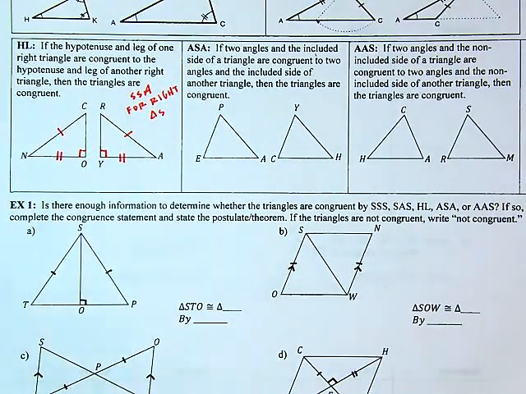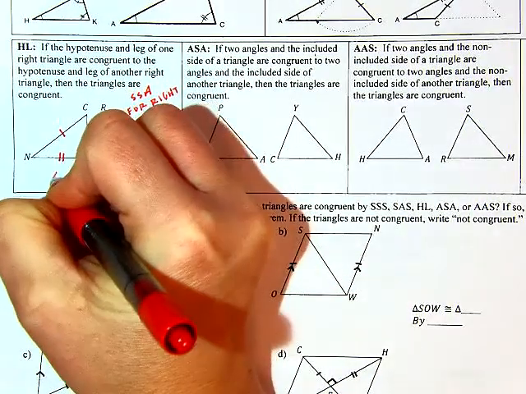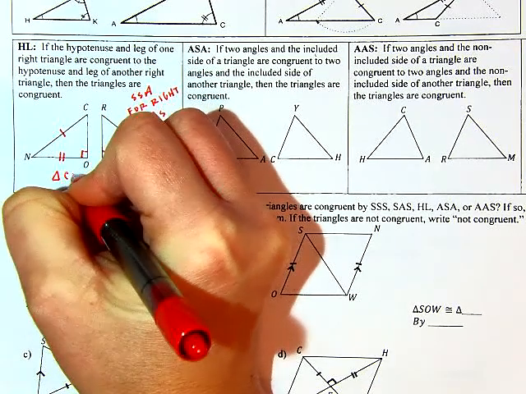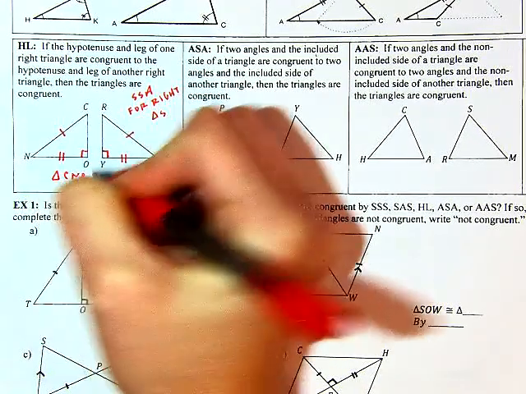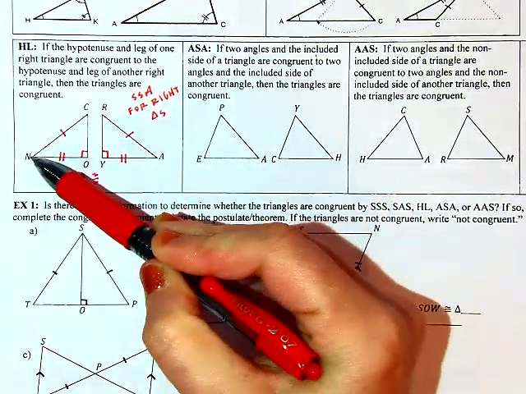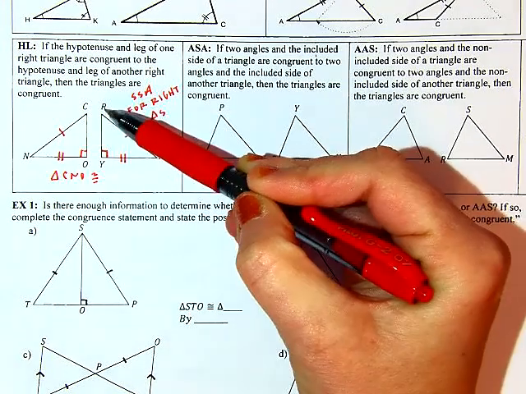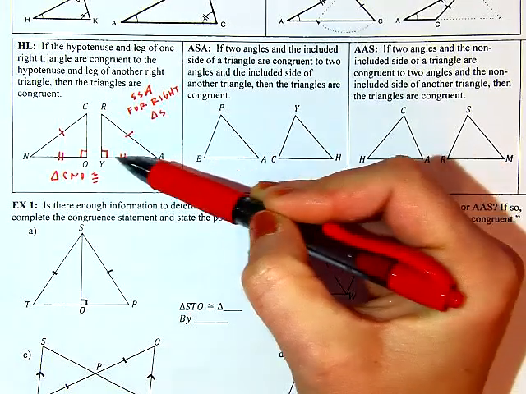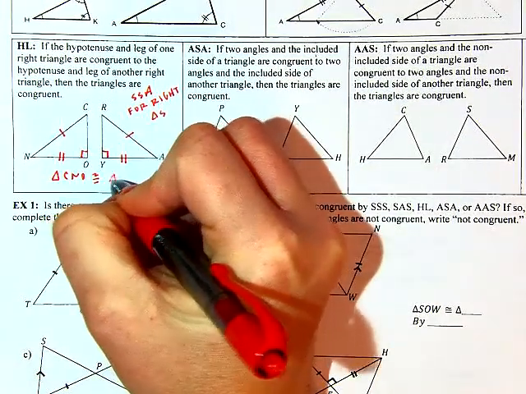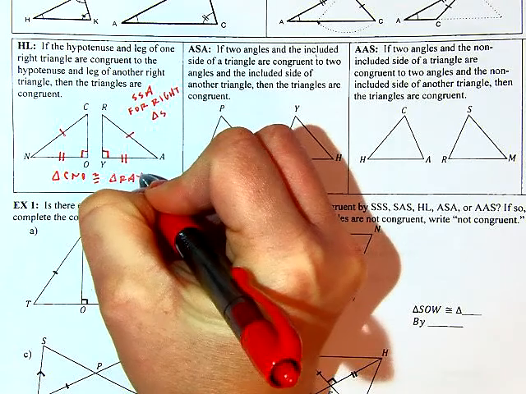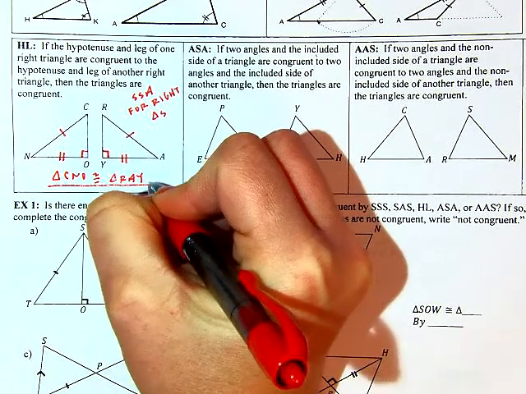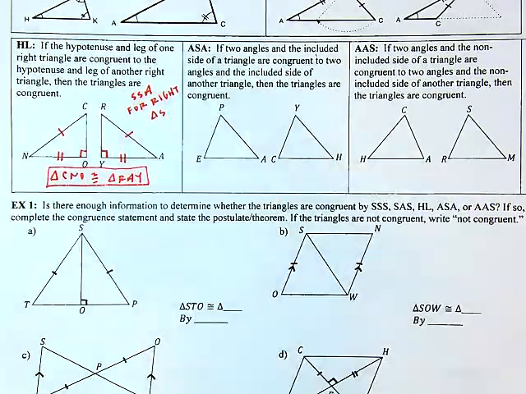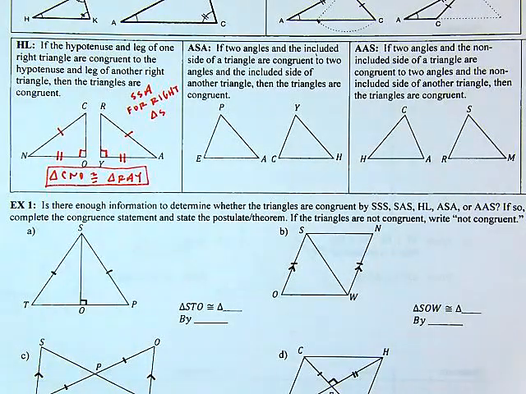Okay, and if I want to write a congruent statement, let's say that I name the first triangle CNO. So C to N to O. Over here would be RAY. You always want to link up those corresponding parts in proper order.